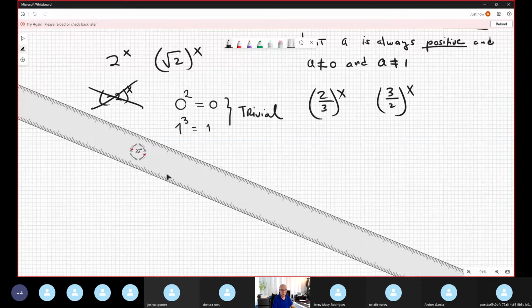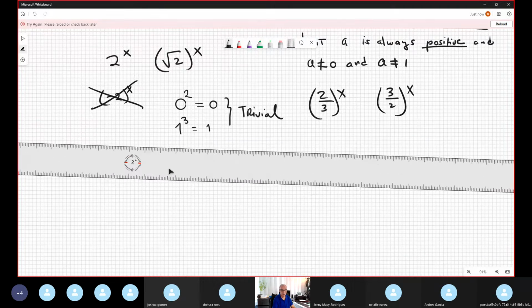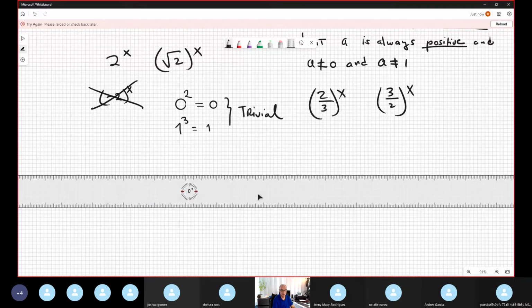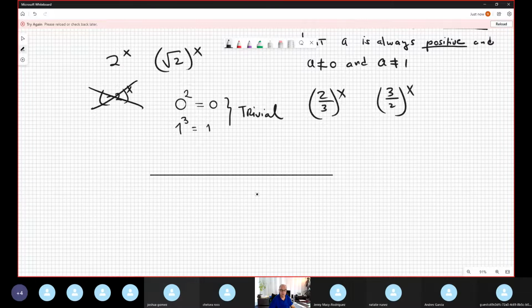Look, you say the value of the base, which is A, suppose this is my real number line. Here is 0. This is 1. And here are the negative numbers.